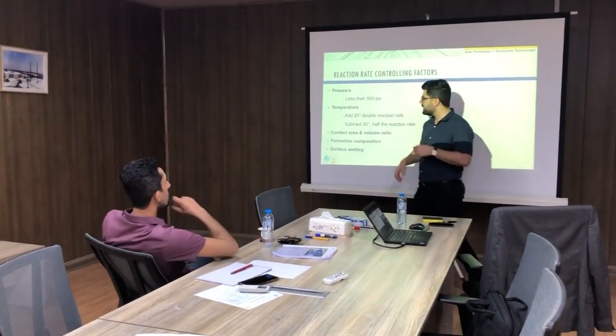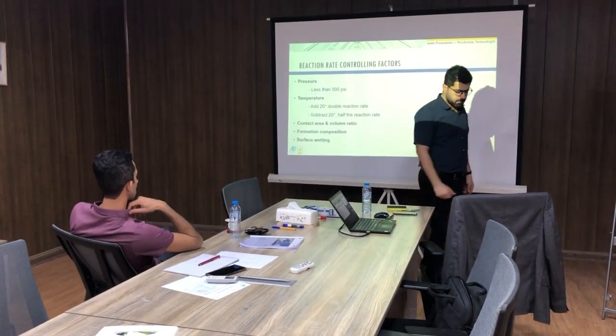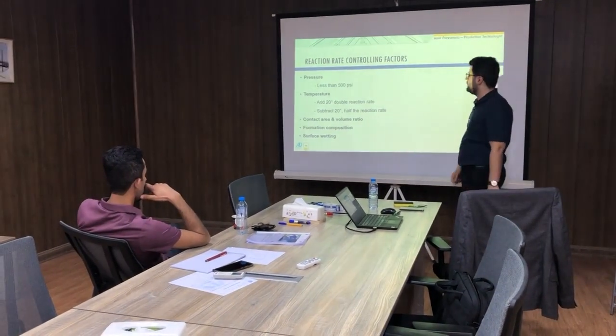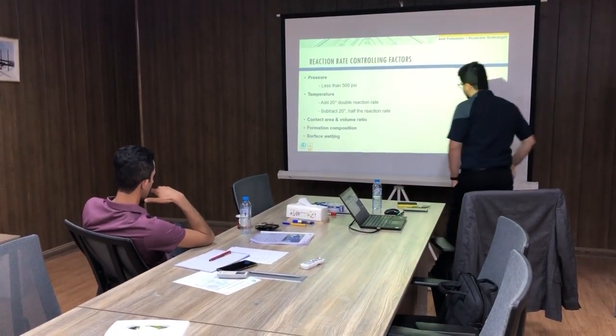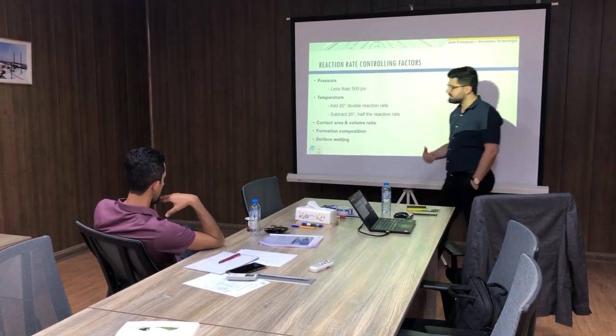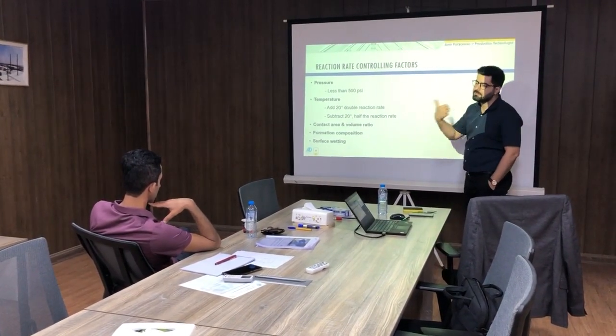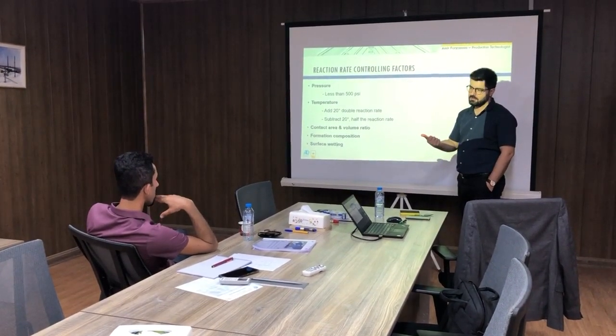For temperature, adding just 20 centigrade doubles the reaction rates, and subtracting 20 degrees halves the reaction rates. So by increasing your temperature, you get a better and more rapid reaction.